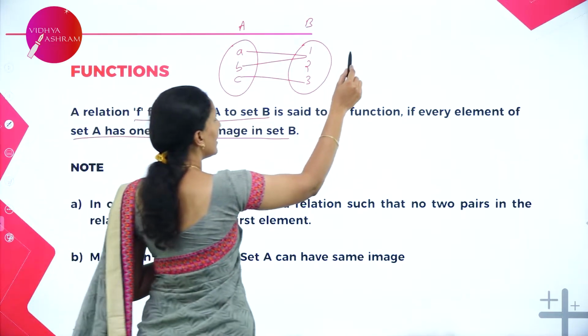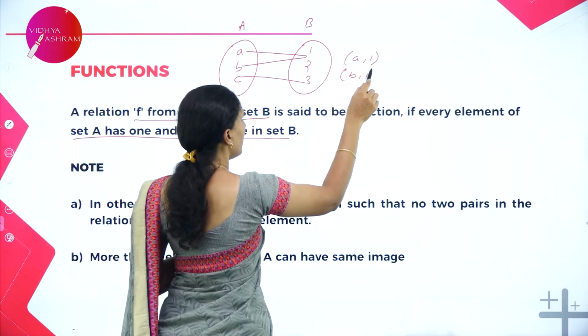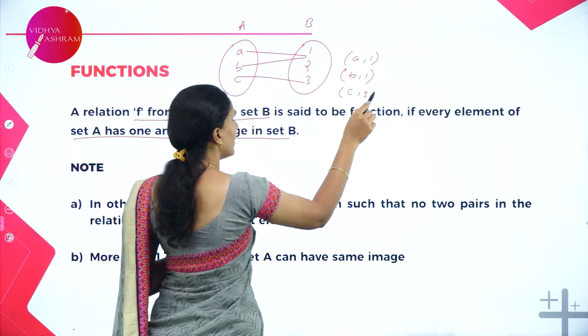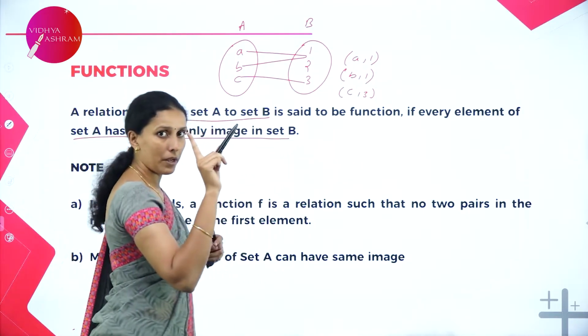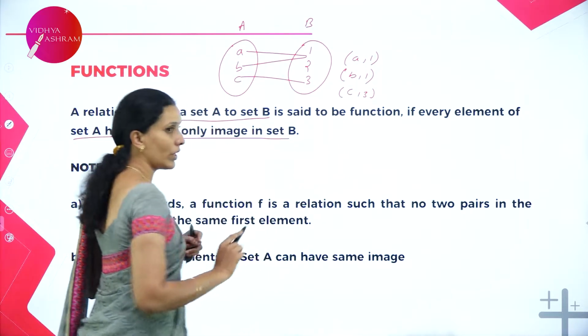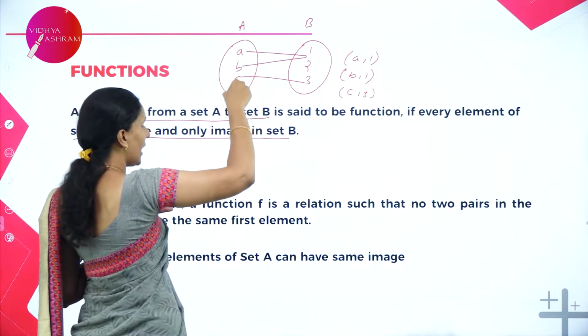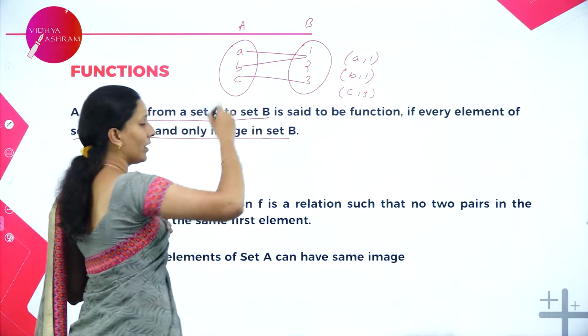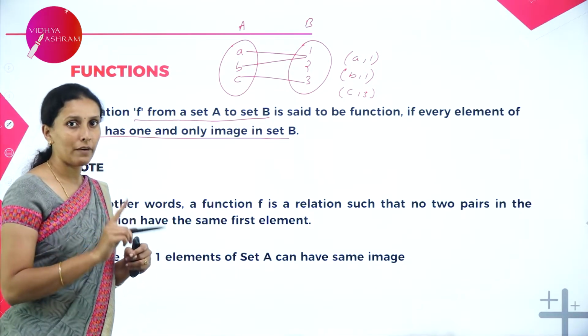That is, you can clearly see (a, 1), (b, 1) and (c, 3). a has only one image 1, b has only one image 1 and c has only one image 3. So all the elements in set A are in relation with some element in B and that should be one and only one image.